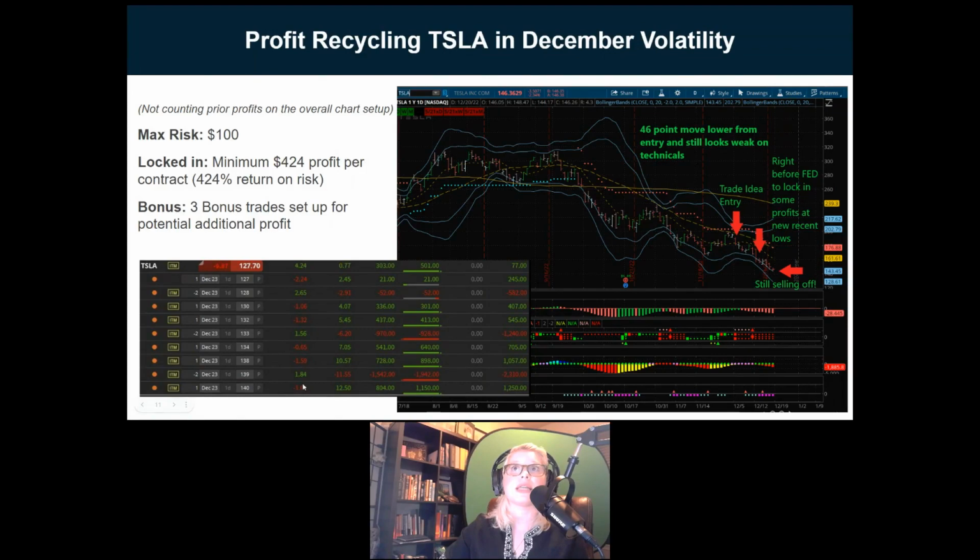As you can see there, I opened the trade for $1, so I had on one contract $100 of risk. By the time this snapshot of the account was taken, I had locked in a minimum of $4.24 of profit. I had set up multiple bonus trades all along the option chain. Technically, 3 different bonus trades were set up for additional profit to take for that expiration week.